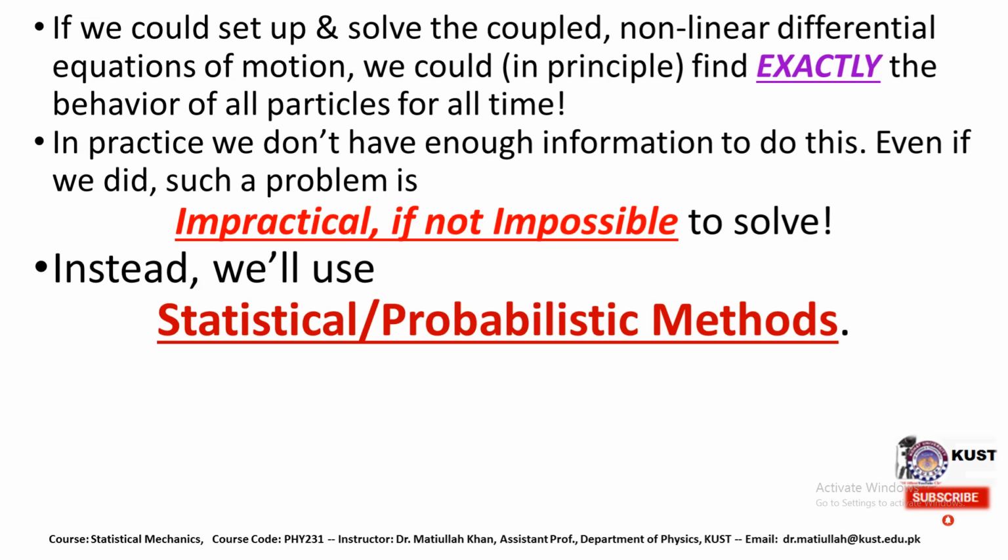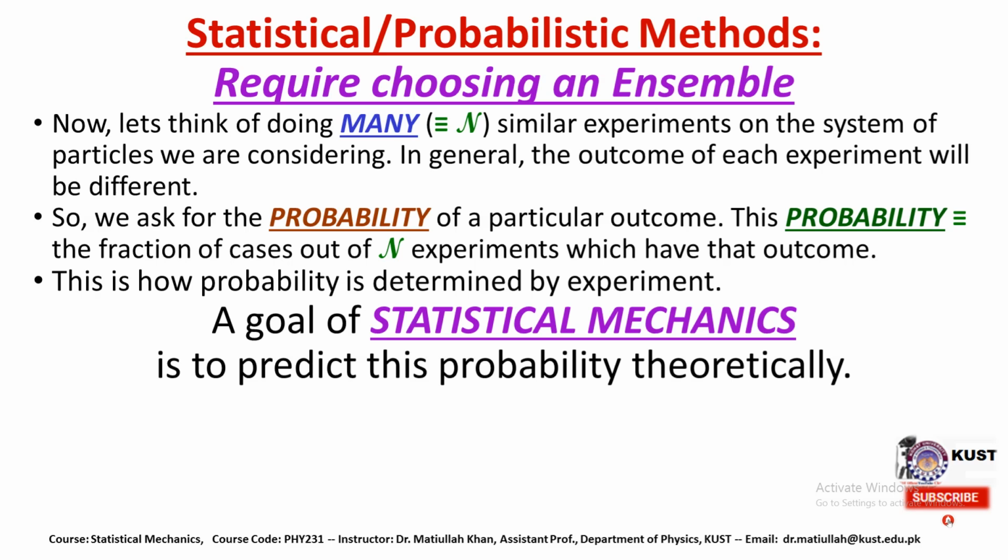When the probability reduces, the chances for the existence of that particle or that event reduce. So this is a type of probabilistic approach, because we are not exactly sure about the position and momentum or other property of that particular system or statistical ensemble. That is the statistical or probabilistic method required for choosing an ensemble for that particular case.